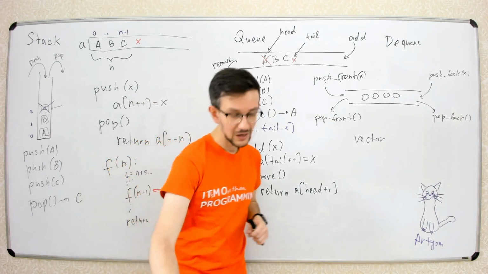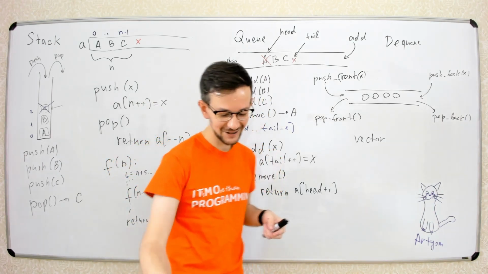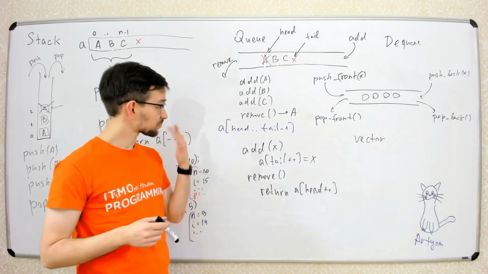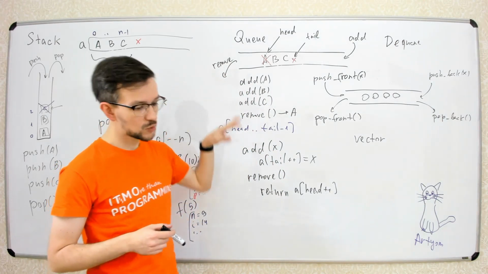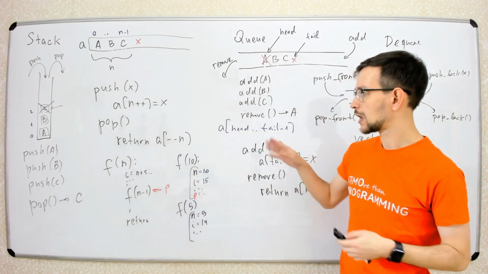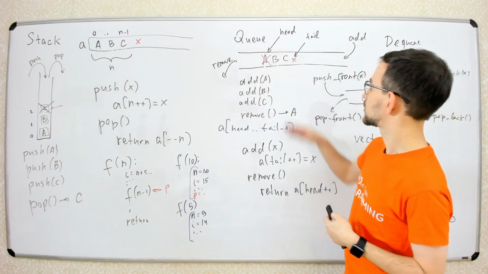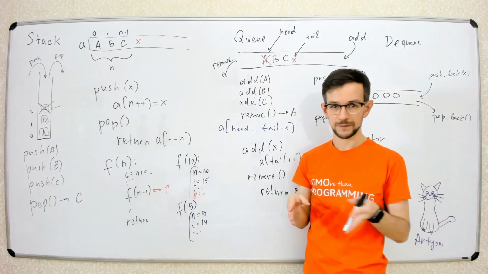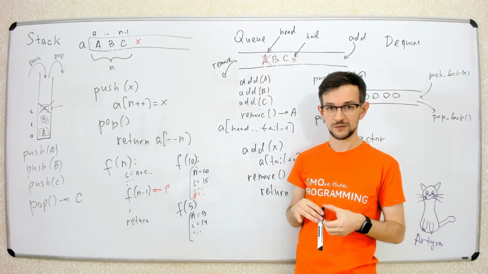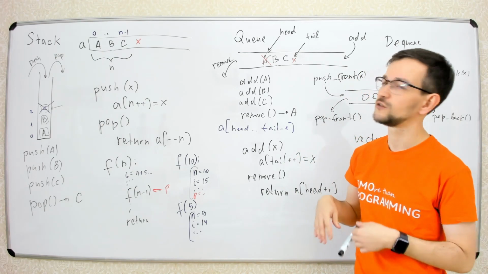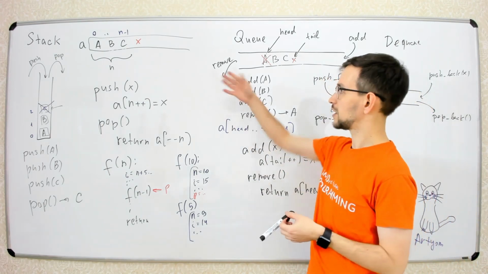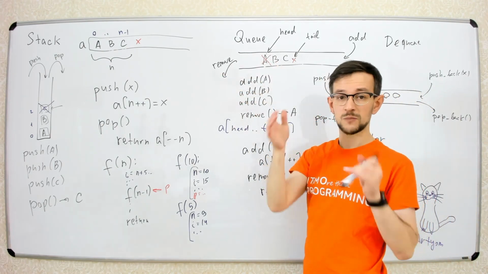Now, what will we talk about today? When we were implementing these data structures, I said that I will imagine that we have an infinite array. And infinite arrays usually don't exist. So usually in a real program, you have some array of fixed size.